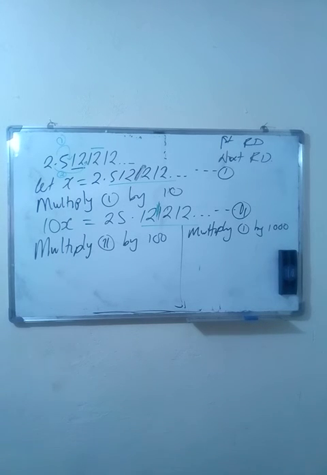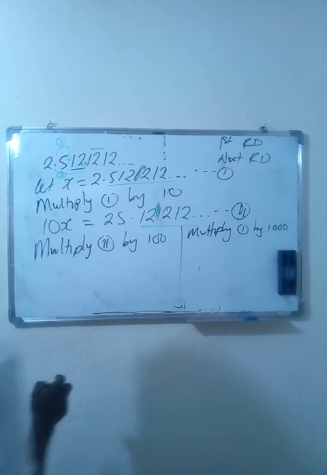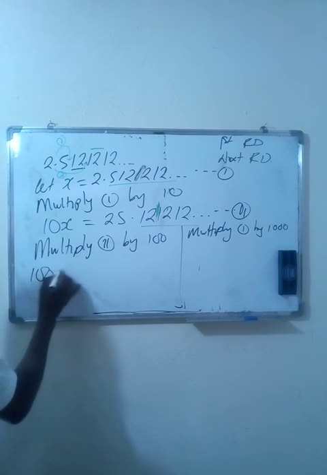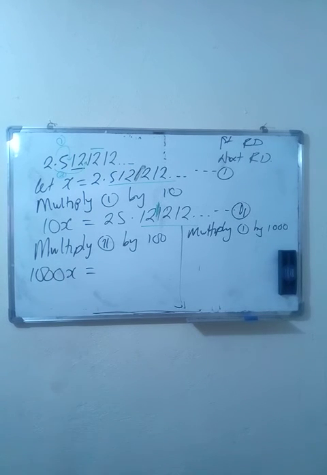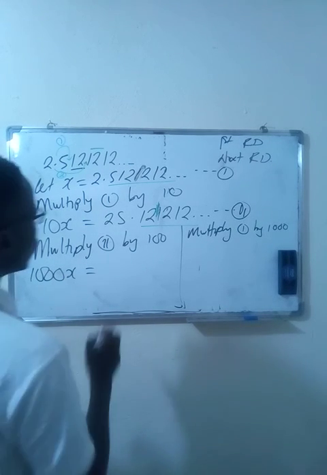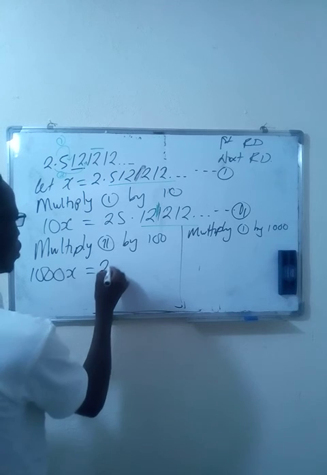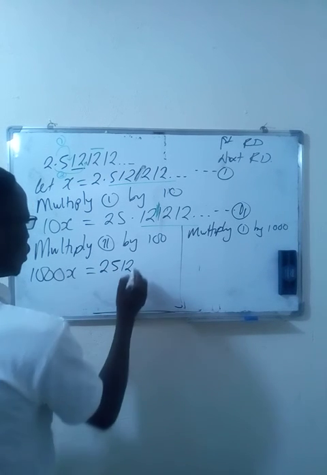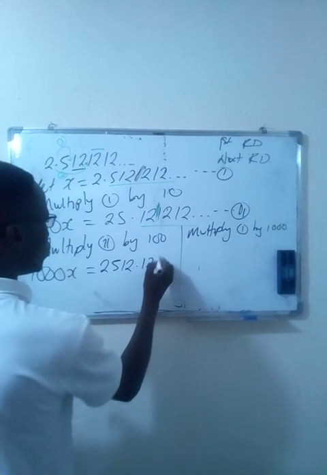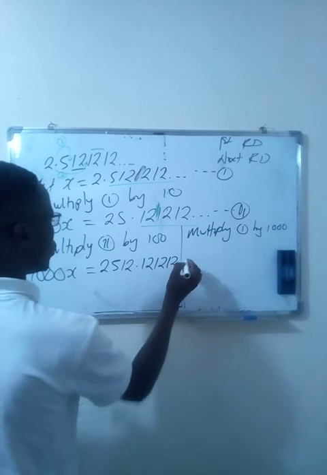The left hand side, 10x by 100, is going to be 1000x, equal to 251.212121, and so on.